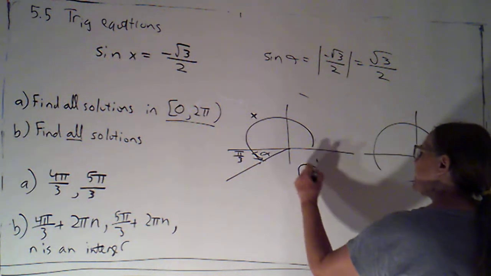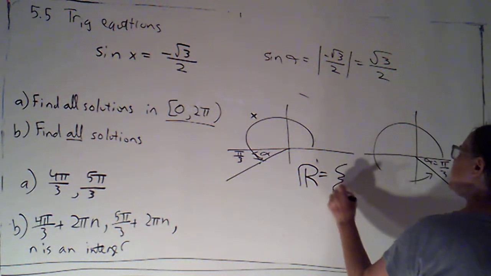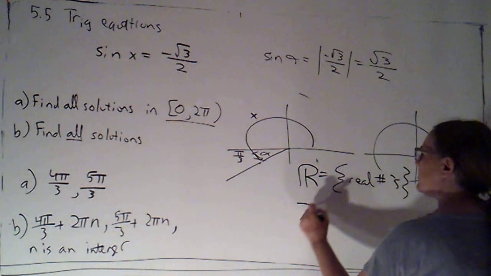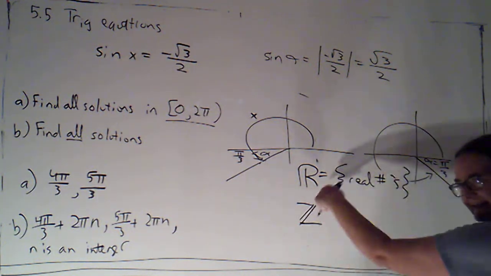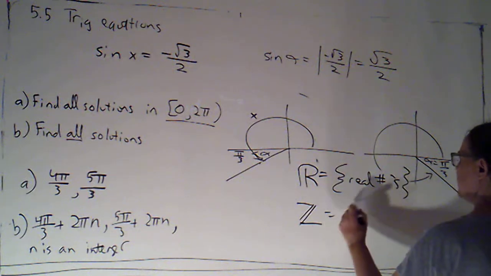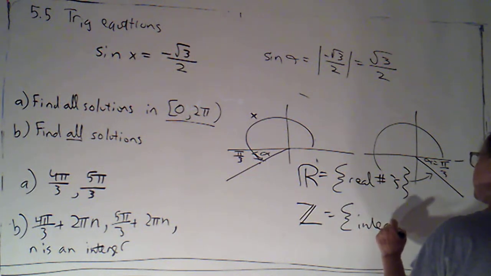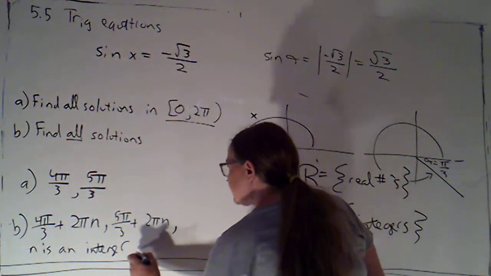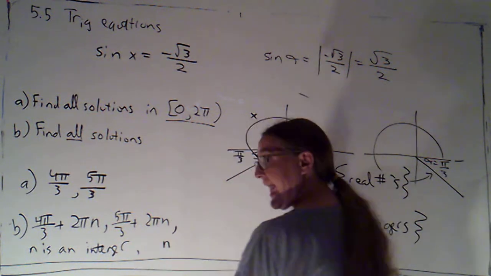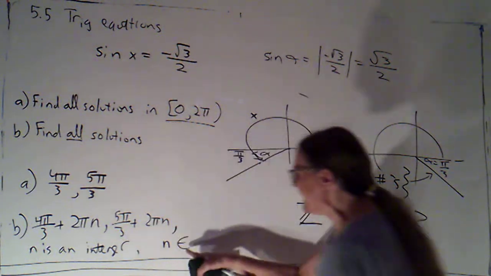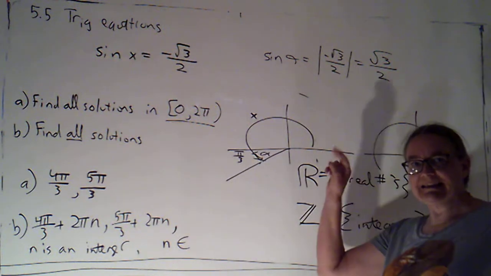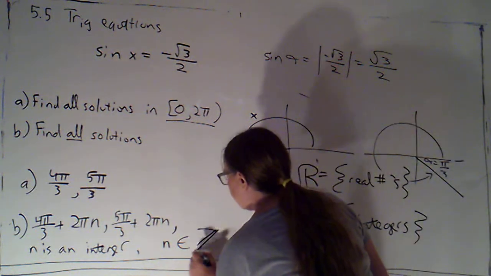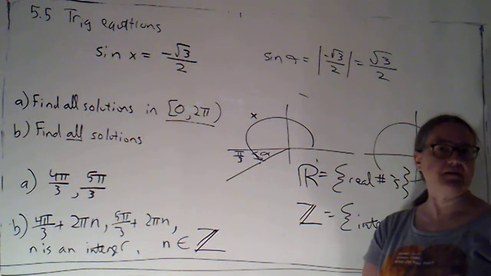You folks are familiar with this symbol. This symbol just means the set of all real numbers. Well, in a similar way, a Z with that same sort of script to it means the set of all integers. So if I don't feel like writing out in words that n is an integer, I can just write n, this e-looking symbol, which means is an element of, or is in the set of, and then I can put this symbol for the set of all integers.